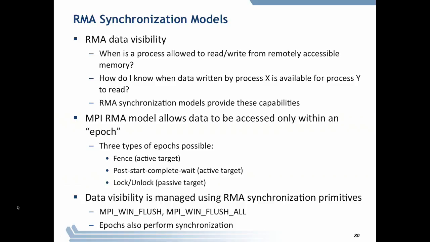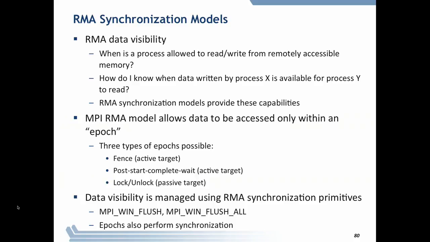There are a number of different ways to do this that depend on the way you're accessing your distributed data structure, and they have pros and cons. We talk about these in terms of epochs, and we may split the epochs into an access epoch and an exposure epoch. So when is the data exposed and when is the data accessed?